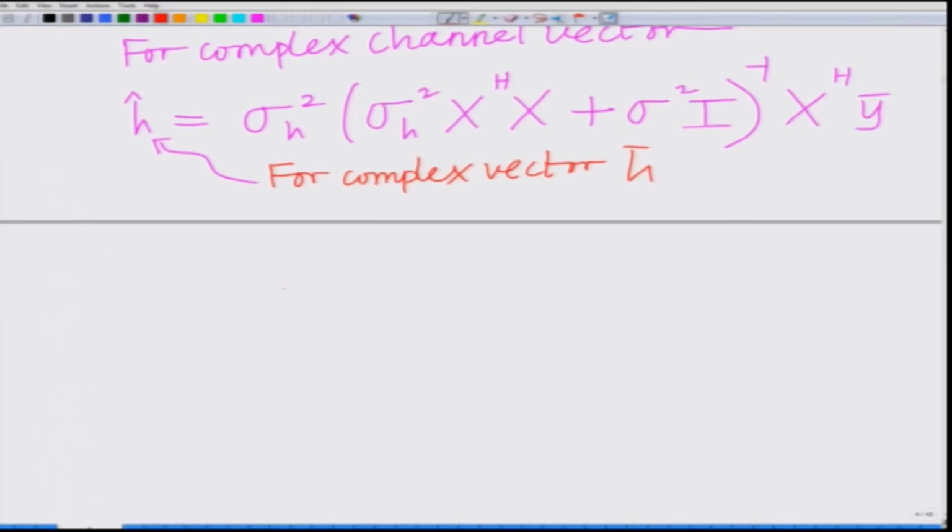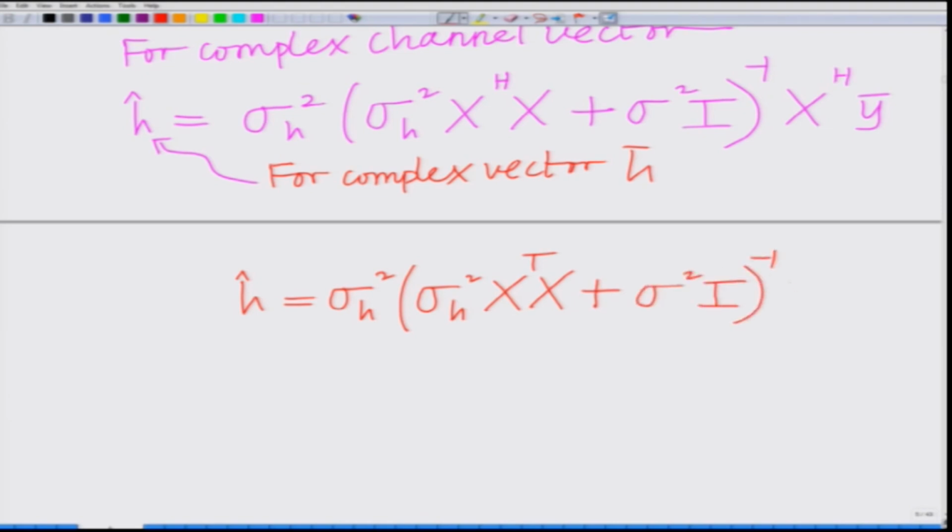Alright. And one small point to observe here, which is very interesting, that is, if we look at this estimate h hat equals sigma h square x transpose, going again back to the real scenario, sigma x times x transpose y.